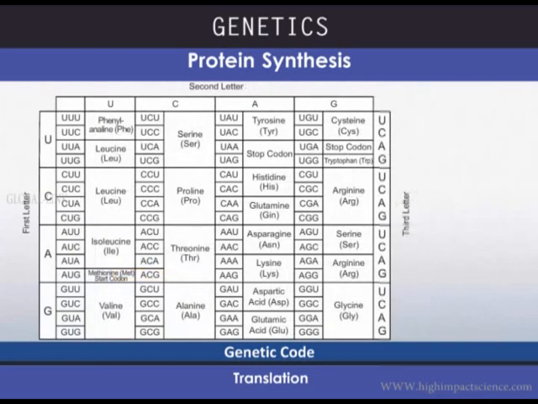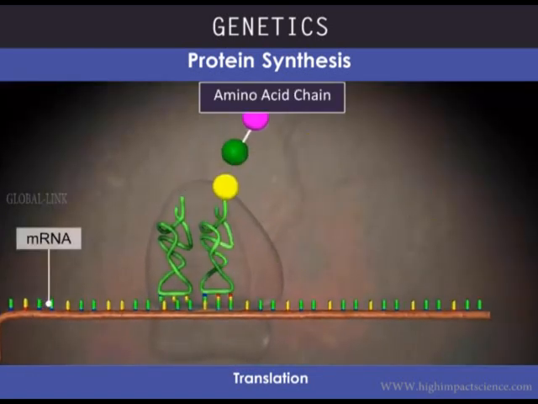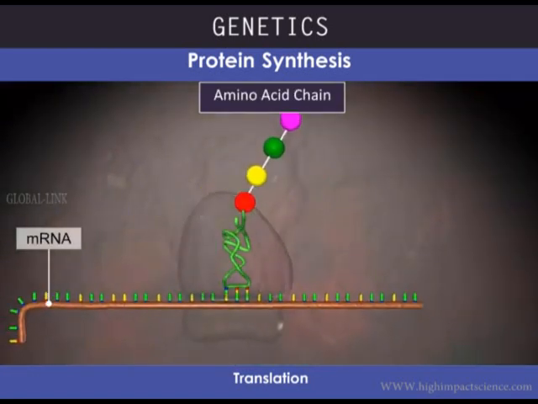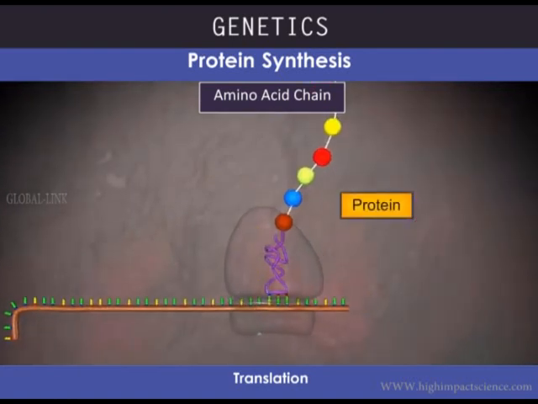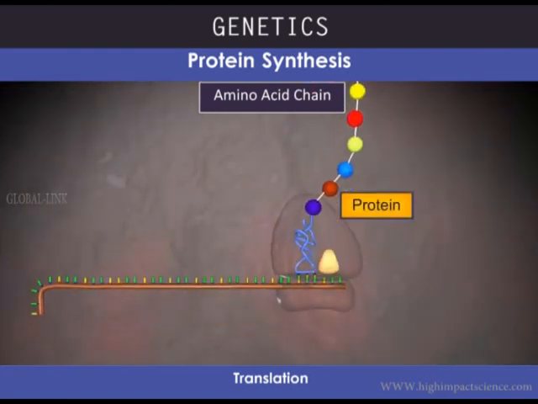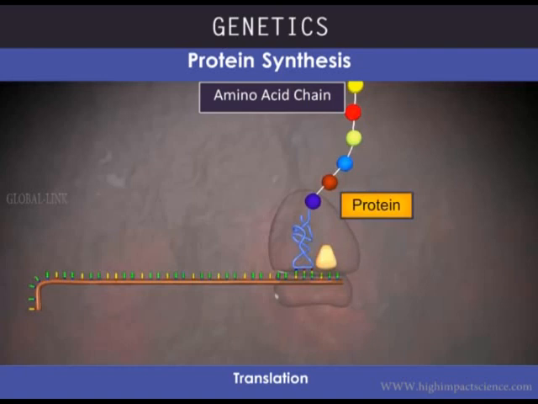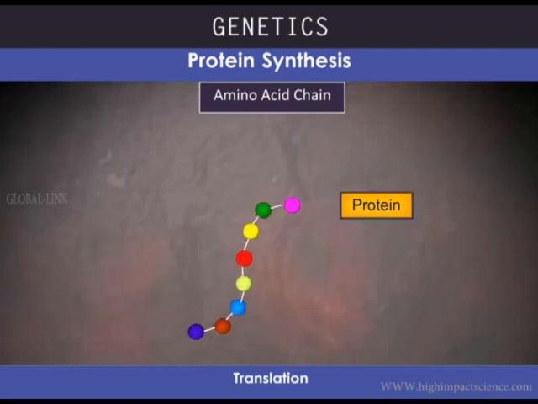However, several codons can code for the same amino acid. And so, the transfer RNA for each amino acid transfers the same to the ribosomes to add to the elongating sequence of amino acids. Once the ribosome encounters a stop codon, transcription is terminated and the protein is released from the ribosome.